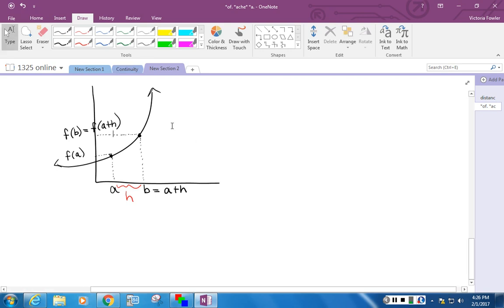Okay, so if I were to draw a line between these 2 points, I don't have a ruler here, so forgive that that should be a straight line, but this would be called a secant line.